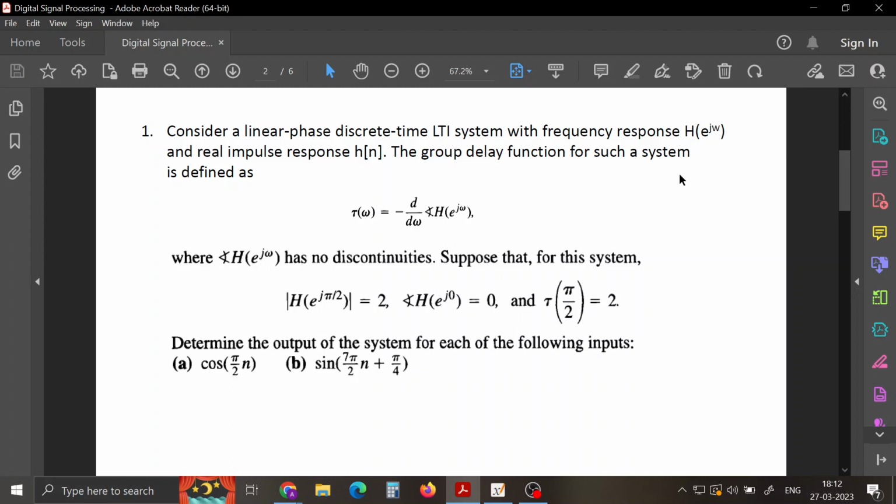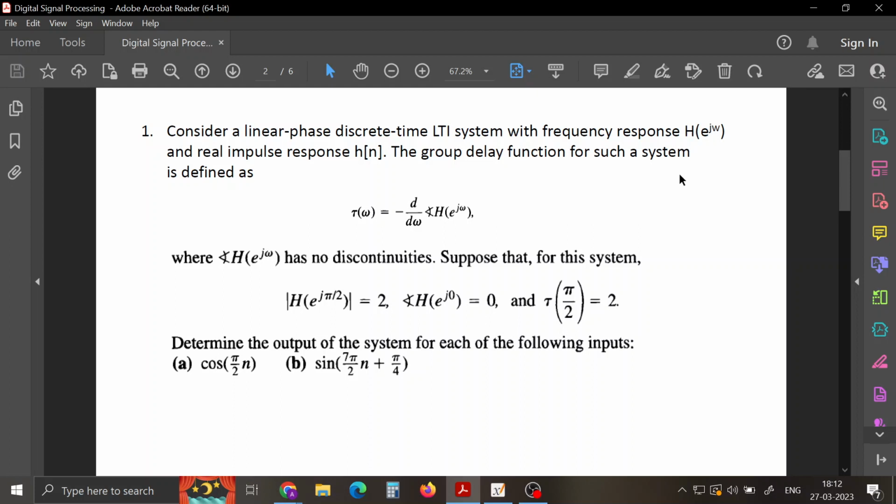Okay, so I hope everyone can see question number 1 on the screen. In the question, we are given a linear phase discrete time LTI system having a frequency response capital H of e power j omega and a real impulse response h of n.